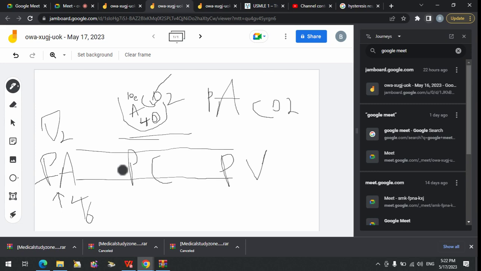Do you guys get that? I've said it already that you will not have any CO free in plasma. All of it will be bound to hemoglobin. You know that it is the free one that is exerting that partial pressure, right?